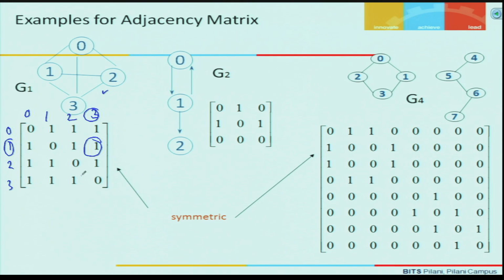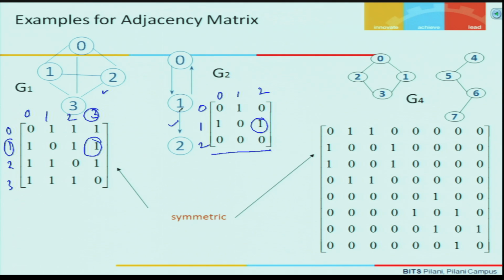We see that this is a symmetric matrix, whereas this is an adjacency matrix representing a directed graph. So, this is not a symmetric matrix. For example, if I am looking at this particular entry, this means nodes 1 and 2 are connected by an edge, which is here.